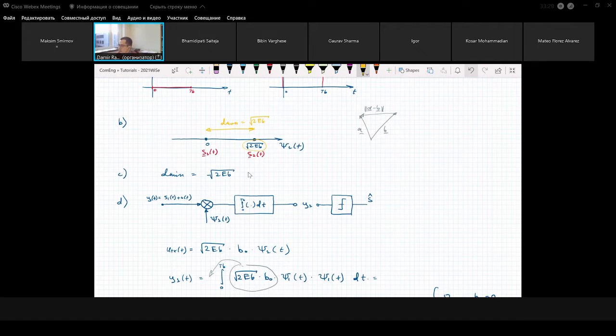But you should distinguish these two situations. Before, we showed a signal space diagram, but because our basis function is orthonormal, it has unit energy.